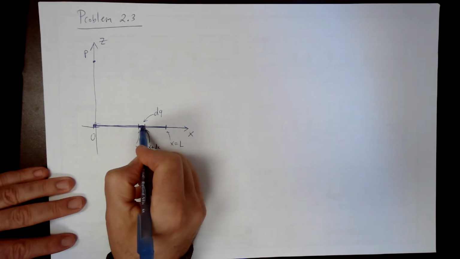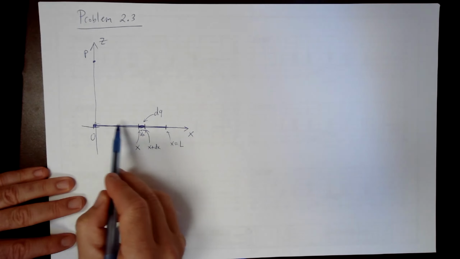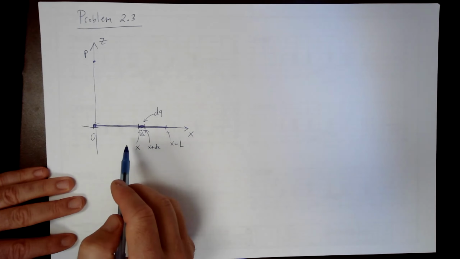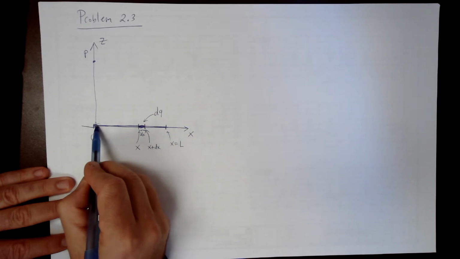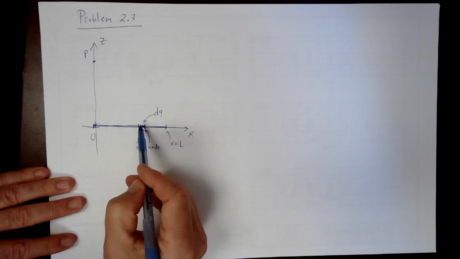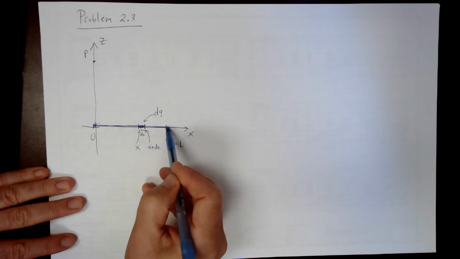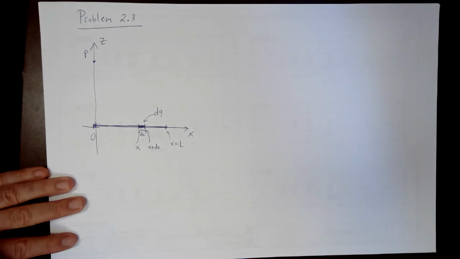So this is my point charge, but I have many, many of these. I'm chopping this up into infinitely many segments. So I have one here, one here, one here, one here. I need to add the contribution of all these infinitely many point charges to the field at point P.